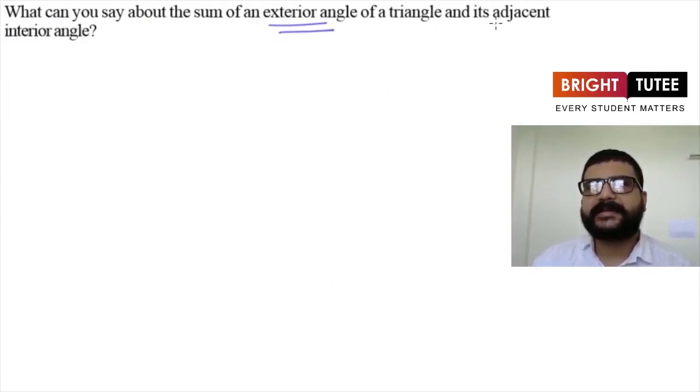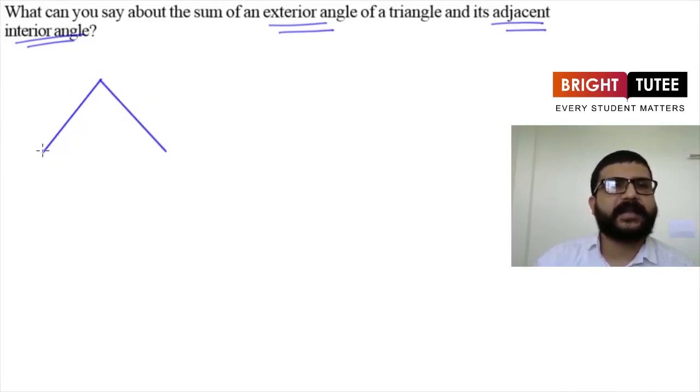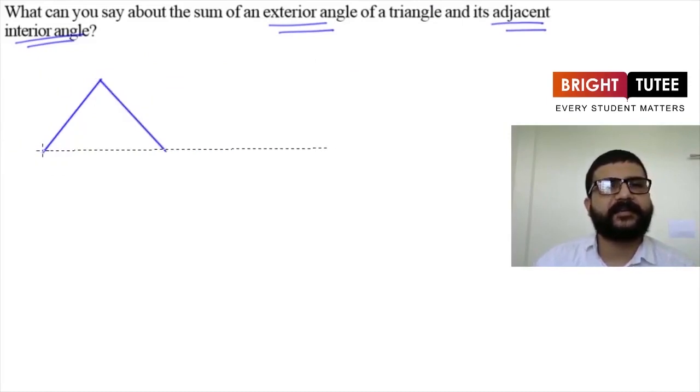Now the next question is, what can you say about the sum of an exterior angle of a triangle and its adjacent interior angle? What can we say about the sum of these two angles? Let's check it out. For that, let's draw a triangle first. Now let's say we are having this triangle and we can extend one of its sides like this. So here the triangle is triangle ABC, and the side BC is extended.